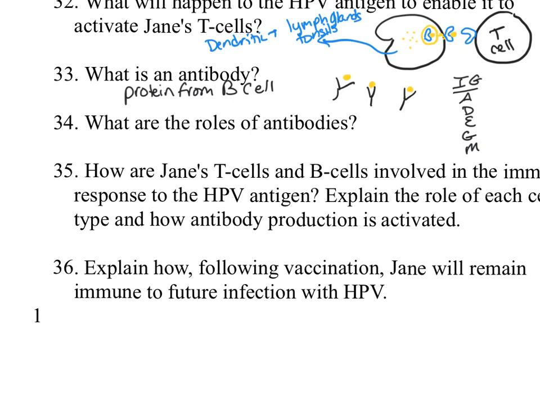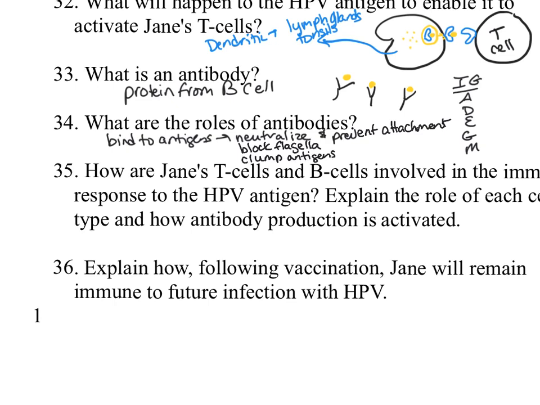34. What are the roles of antibodies? Antibodies bind to specific antigens. The binding of antibodies to antigens can have several different actions, including 1, they can neutralize the bacterial toxins, and they can prevent viral attachment to body cells. 2, they can block the flagella or cilia of bacteria, rendering them immobile. 3, they can bind to antigens at once, causing the antigens to clump together, a process known as agglutination.